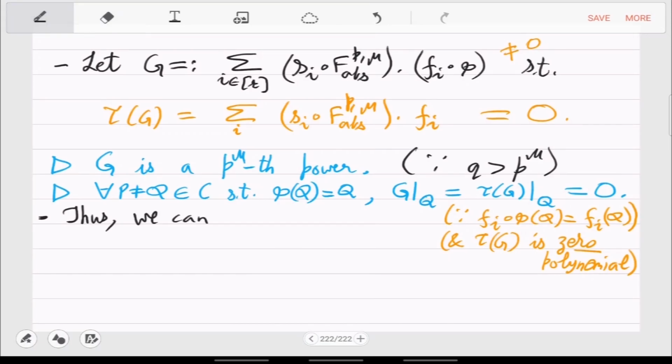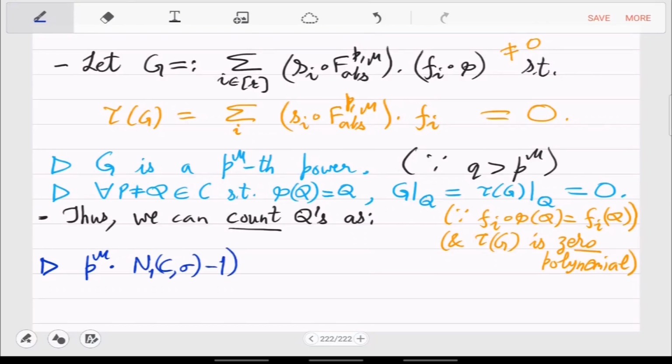Thus we can count Q's as, so first of all p raised to mu times N1 C sigma minus 1, because I don't want to take the point P, because at the point P this psi phi they actually may become infinity.